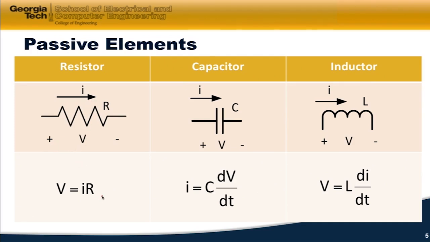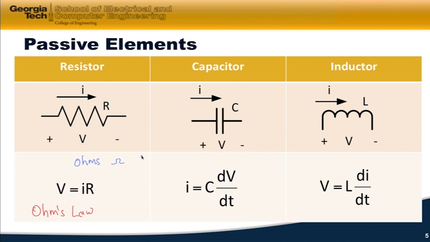And this particular equation is called Ohm's law. The voltage is equal to current times the resistance. The resistance is measured in ohms. And the symbol is an omega.